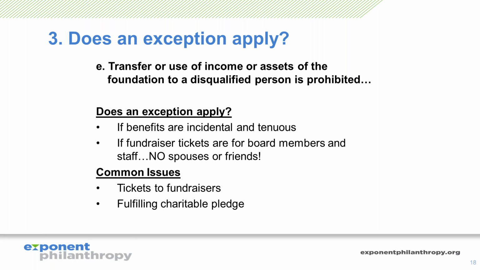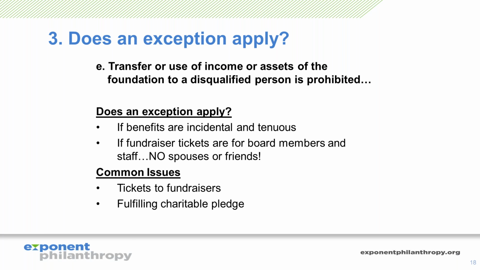So we sometimes get the question: if the foundation makes a grant to a university, can the foundation request that the university recognize, whether it's a naming of the building or a plaque or whatever it is, the name of a specific board member or the individual name of the founders, as opposed to the name of the foundation?